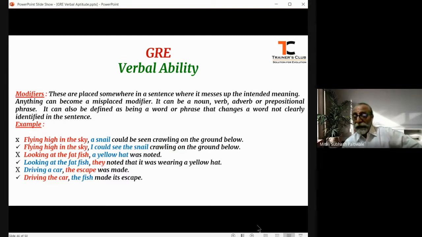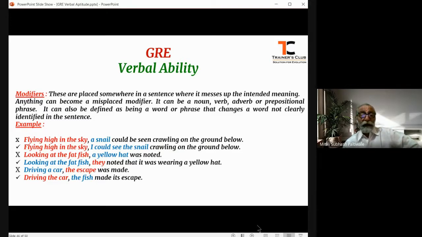Look at the fat fish, a yellow hat was noted. So it is not looking at the fat fish, a yellow hat was noted.